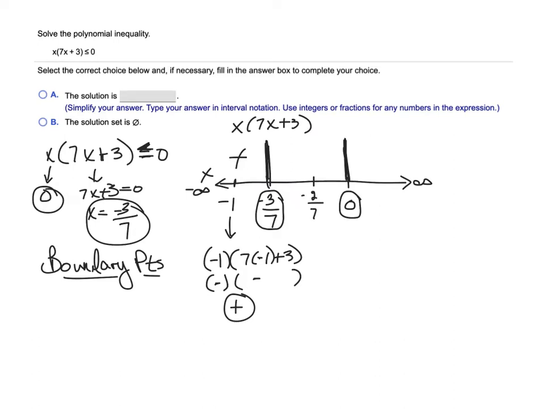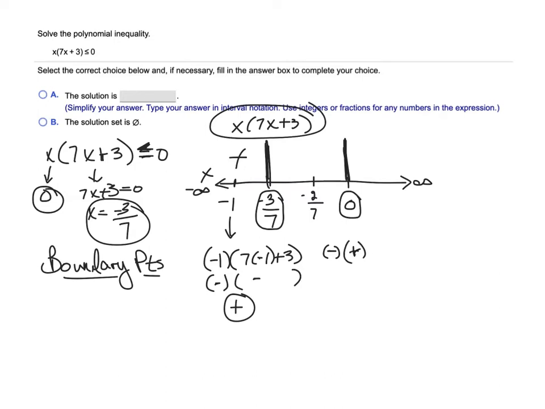If I plug -2/7 into my function, I get negative for the first one. And when I plug -2/7 into 7x plus 3, 7 times -2/7 gives me -2 plus 3, which is positive.